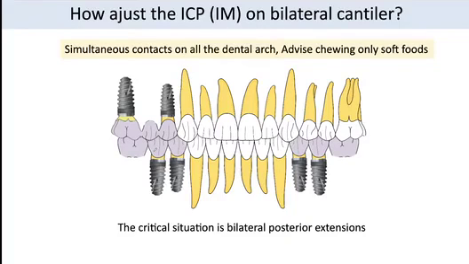He must chew only soft food. It is a price to pay for this type of situation. If you don't want to pay, you have to put an implant here.